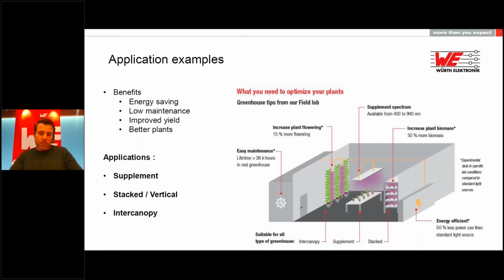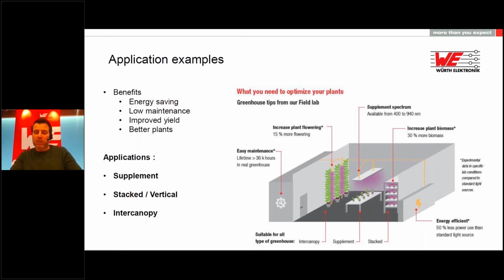And of course, the other benefit is energy efficiency. With an efficiency of more than 50%, the LEDs are way more efficient compared to the lamp, which has an efficiency of below 10%, and also has a very broad spectrum ranging from near UV, or UVA, up to far infrared.